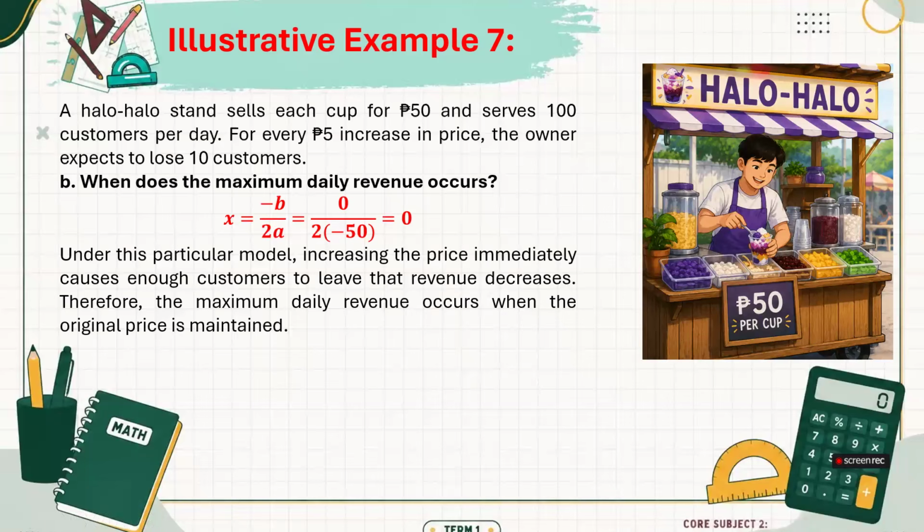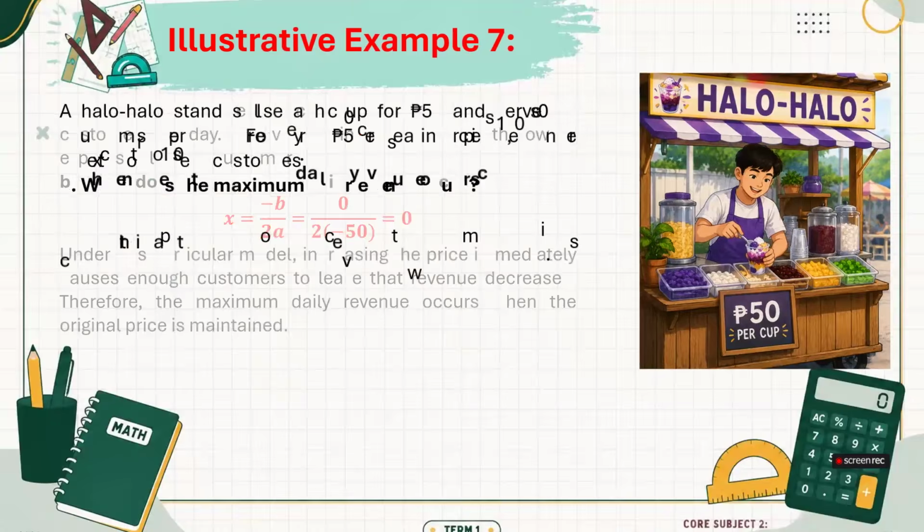So it is suggested that the halo-halo should be kept at that price. You should not make it 55 or 60 pesos because you will decrease revenue since you are also losing 10 customers.